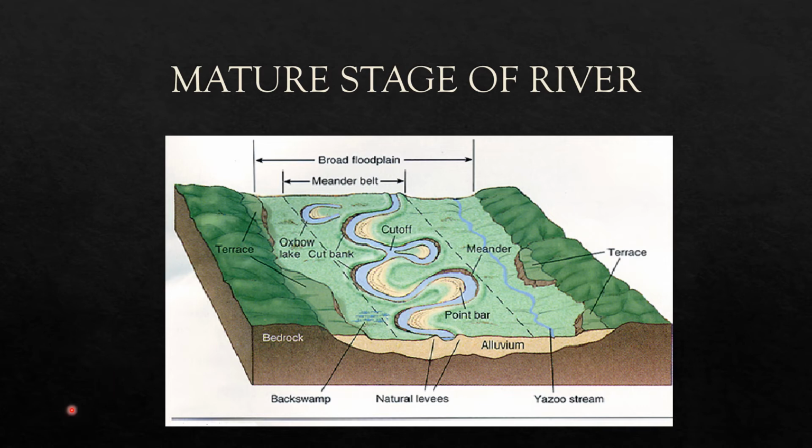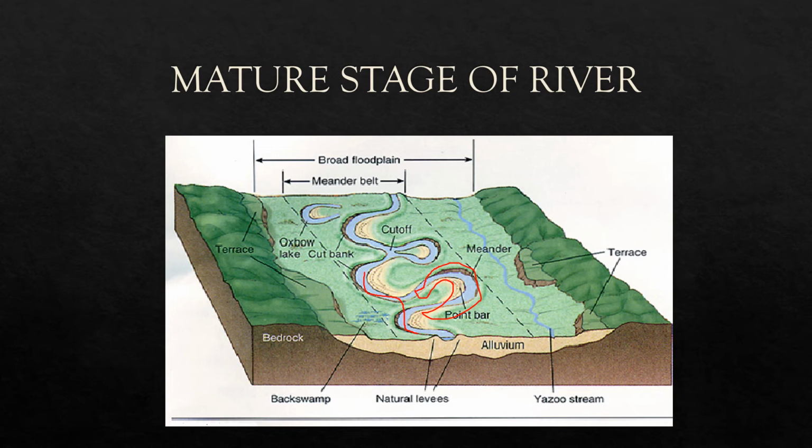Let's say the river flows at very high speed, then the river will start to flow this way, and this part will be left behind. This is known as an oxbow lake. Due to the very high flow of the river, which means very high energy and velocity, it flows straight, leaving this part of the river, which is known as an oxbow lake.